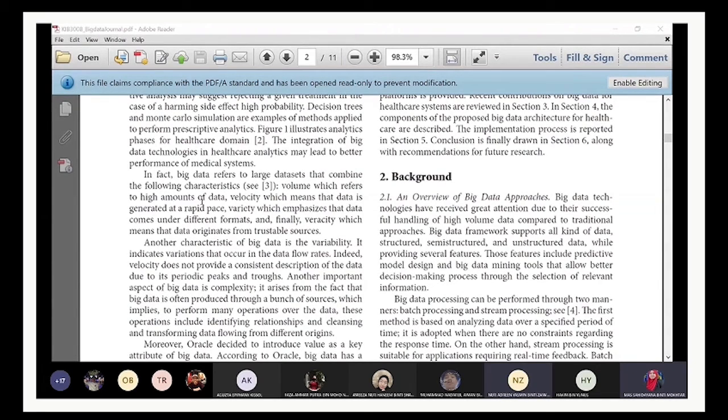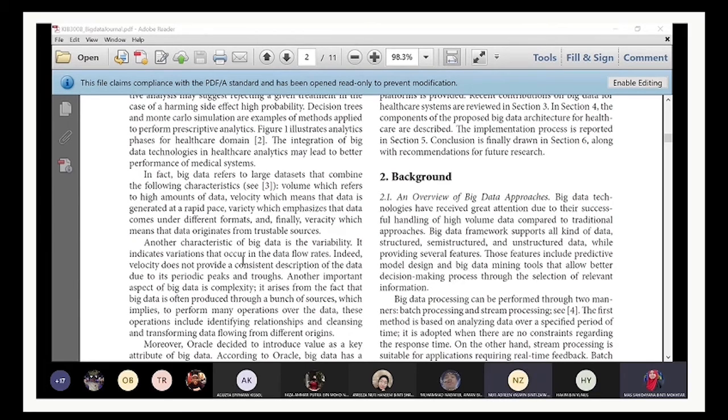So, you can see from the paper, one is large data sets that combine a few characteristics, which is a high amount of data, of course, like what Augusta has mentioned, that maybe it is coming from the whole world giving you the blood pressure data. Wow, that's big. And it is being generated very rapidly. Maybe some of the data are social media data, which can also be used to help with healthcare now. And I think whether it's coming from very trustable sources.